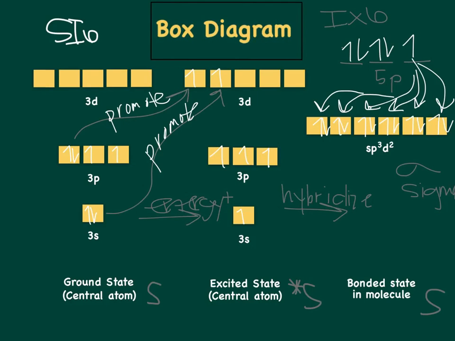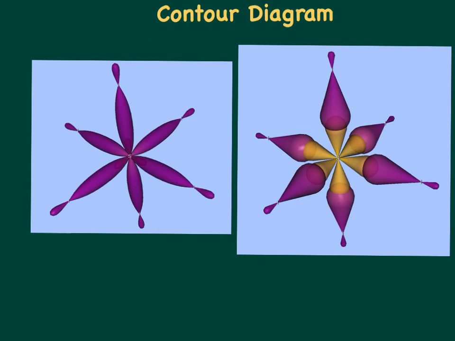From here, we are able to now go to our contour diagram. Here I just have a couple examples that I took from the Molecules Editor app showing our orbitals for sulfur and then for iodine. Here is the same contour but just an overlapping view. That way we see how the sp3d2 orbitals overlap with the 5p orbitals from iodine.